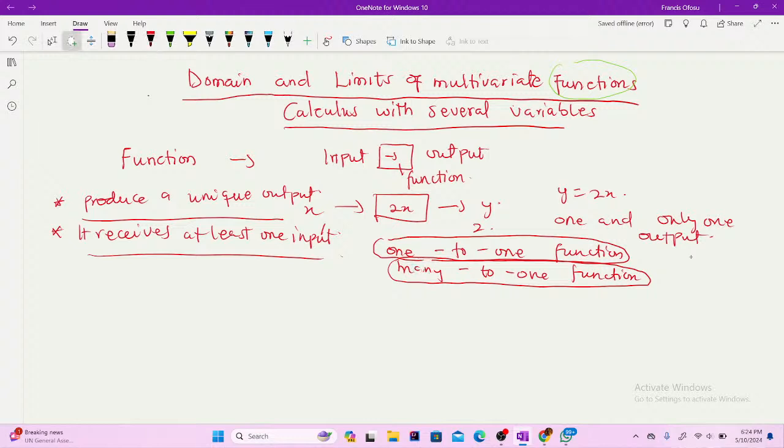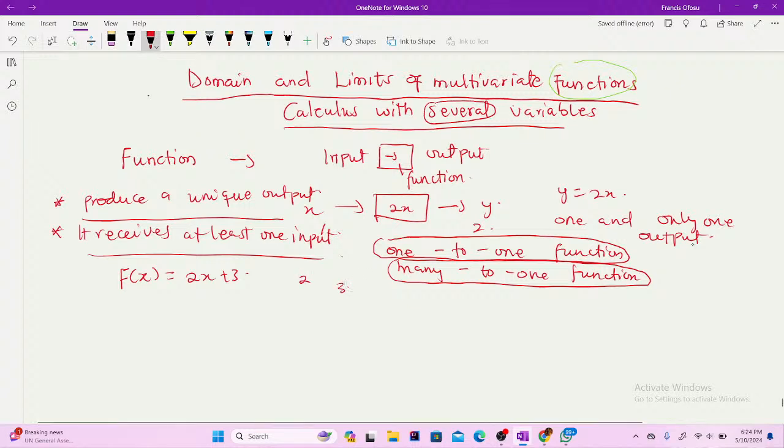The only difference between this and calculus with a single variable is that this is taking in more than one variable. If in the single variable case we have f(x) = 2x + 3, with several variables, where the word several is just a plural word, it can mean two, three, four, and so on.